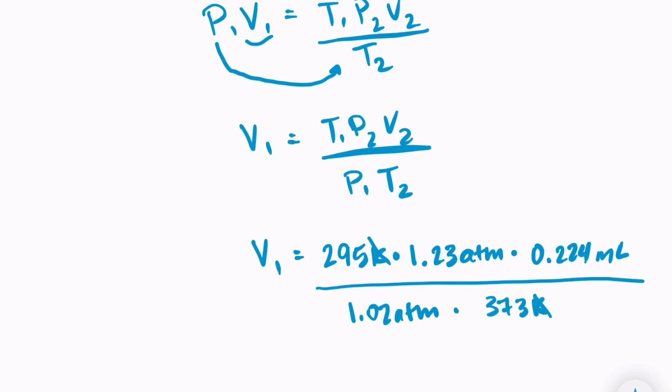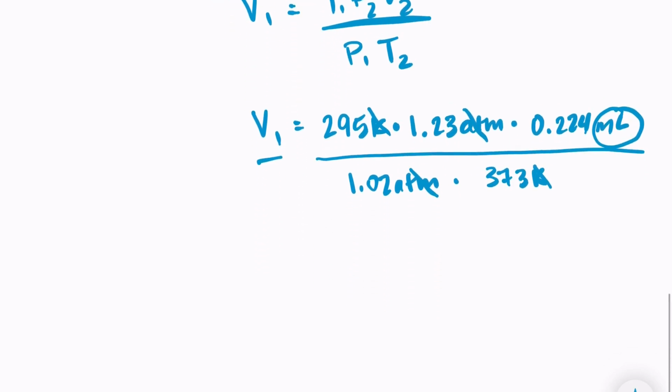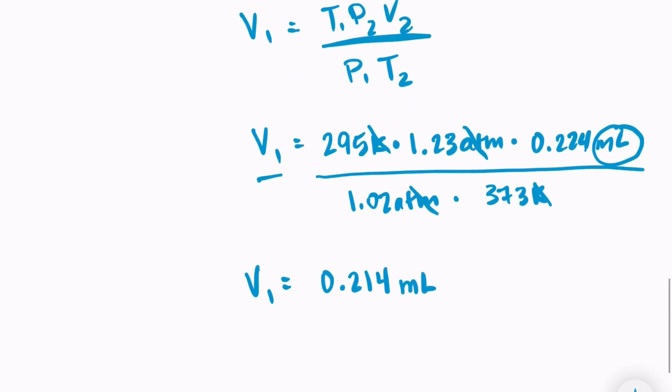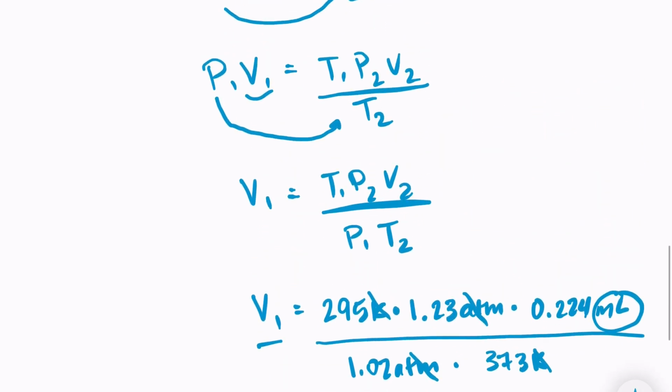And Kelvin cancels out, atmospheres cancels out, we're left with milliliters, which is what we're looking for, volume. You can plug all of this into your calculator, and for V1, you should get 0.214 milliliters.